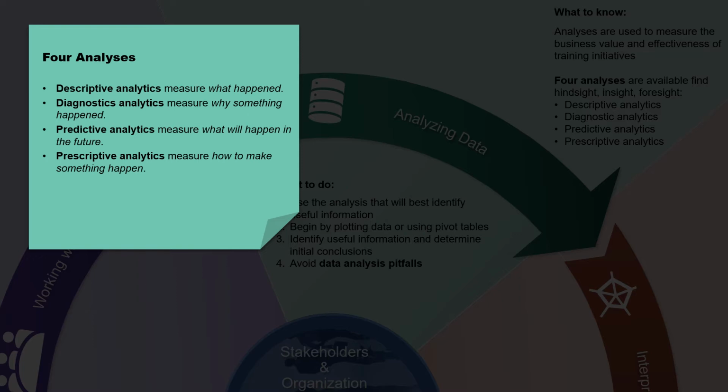Diagnostic, moving up more into revealing some insights, why something happened. And then the last 2, looking more into foresight, looking ahead. Predictive analytics, measuring what will happen, and prescriptive, looking at how to make something happen. And in that particular article, they referred to AI as being one of the useful tools in those last 2.